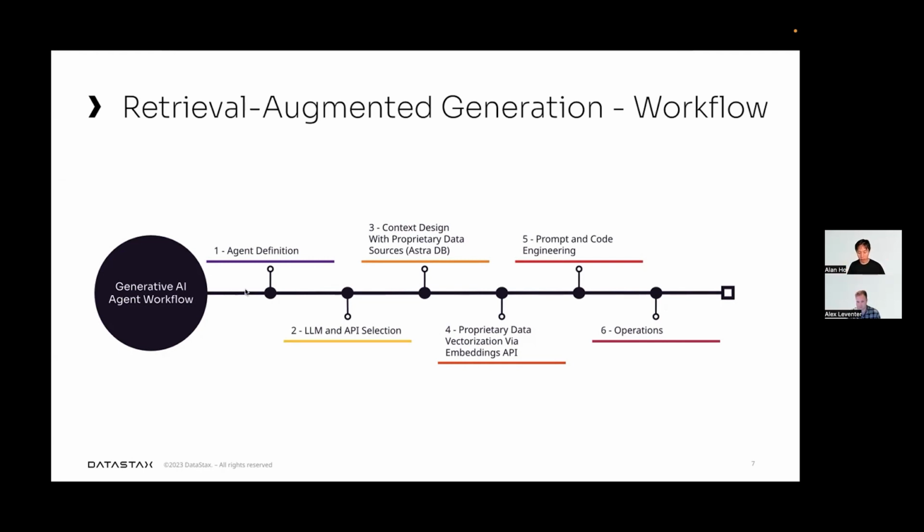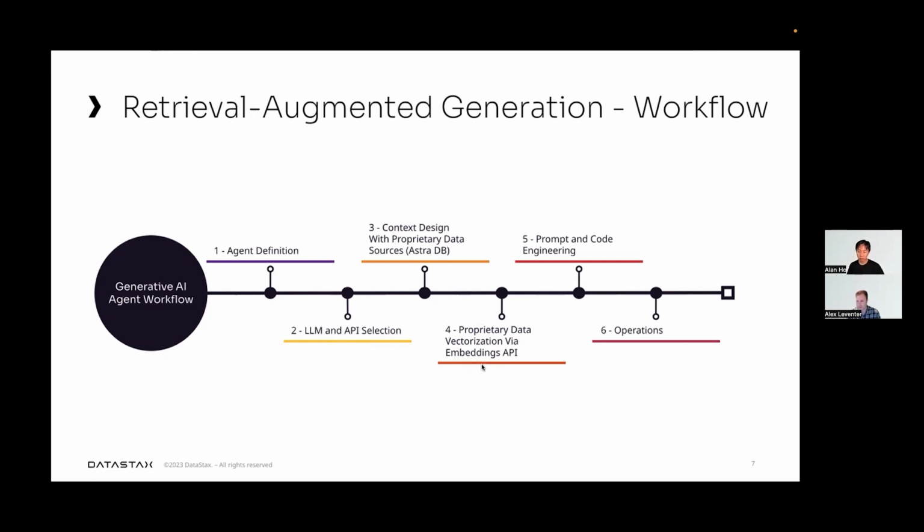So at a high level, the first thing you want to do is define what your agent does. Is it a chatbot? Is it an enterprise search application? Is it a GitHub Copilot? You want to do some definition of what it actually is doing. Then you want to select which LLM you use. Then you want to figure out what is the data that you're going to be using to augment the large language model with, and then figure out how to take that data and properly put it into what we call vectors.